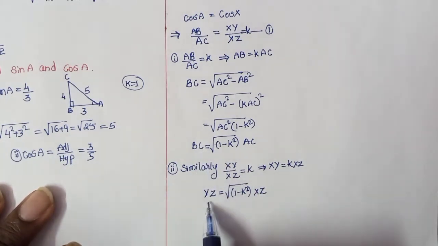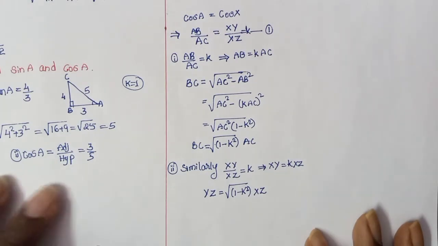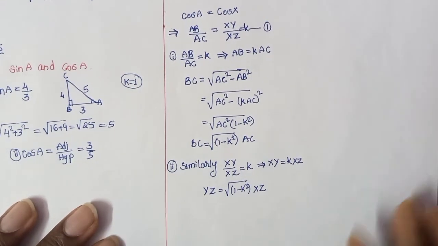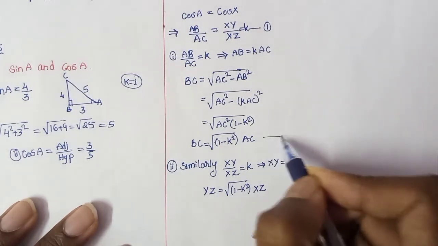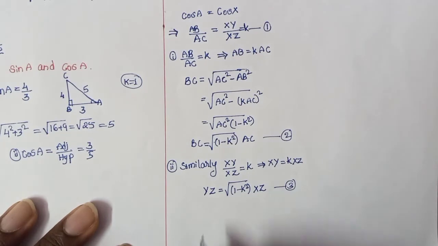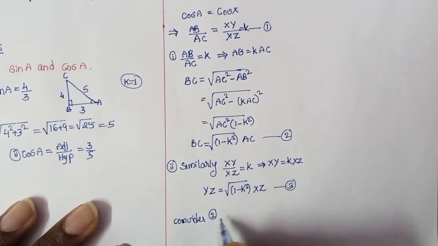This is BC, this is YZ, and let us consider a ratio of these two. Let us say this is 2, this is 3. Consider a ratio 2 to 3. What will we get?